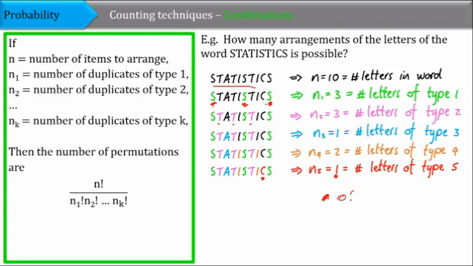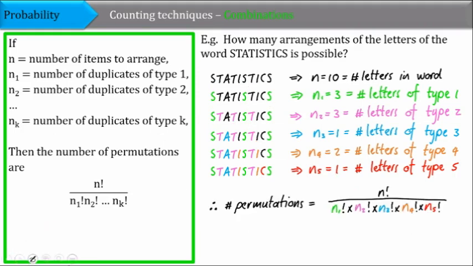We have to divide by 3 factorial to get rid of the duplicates of the S's. We have to divide by 3 factorial to get rid of the duplicate T's, and the same with the I's. We have to divide by 2 factorial for the I's, and that's exactly what we do over here.